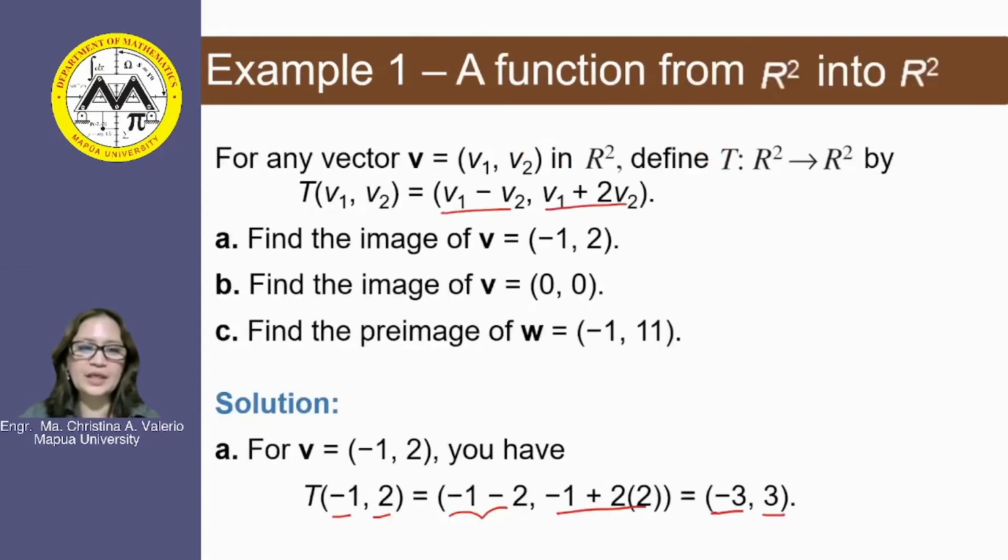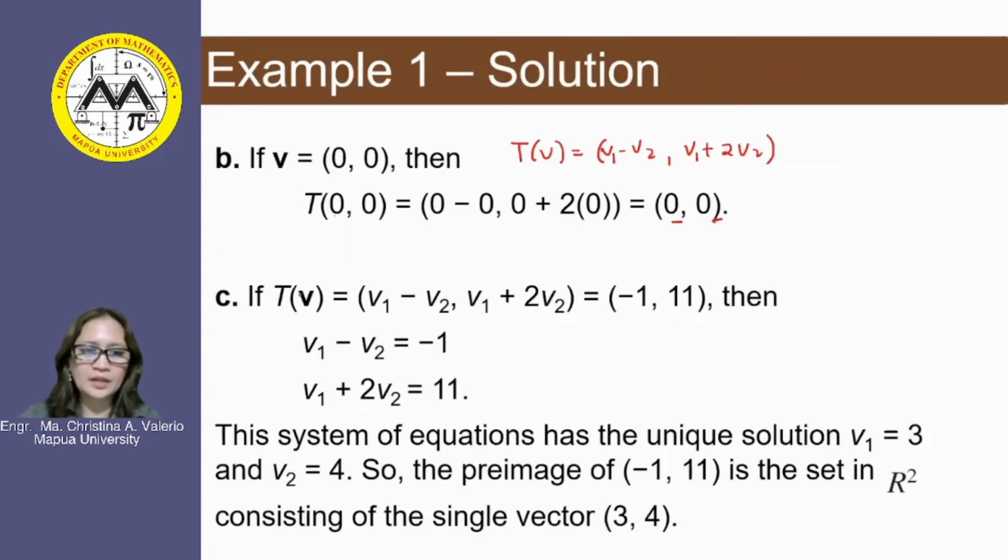For letter C, we're asked to find the pre-image of w whose components are negative 1 and 11. We know that the image of v, or the transformation of the vector v, is given by the following: the first component is v sub 1 minus v sub 2, and the second component is v sub 1 plus 2 v sub 2. And since we're solving for this vector v, we know that the image of this vector is given by negative 1 and 11.